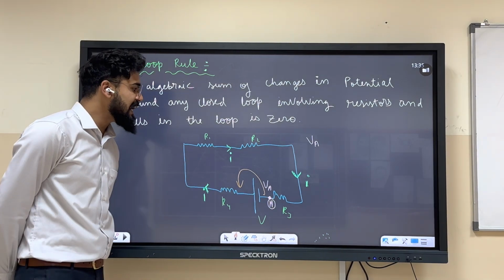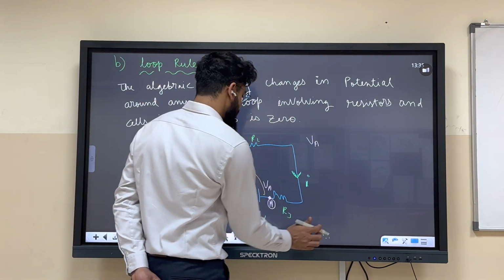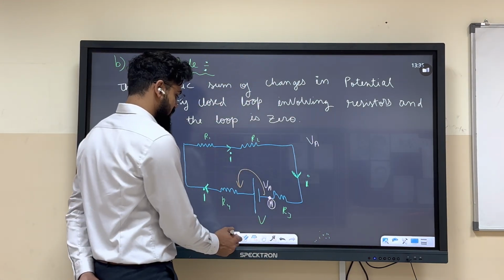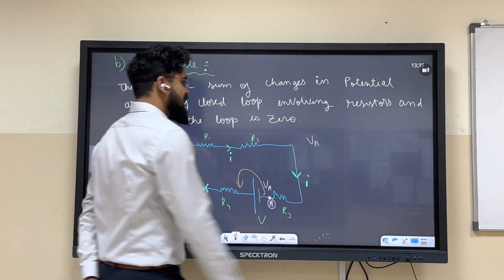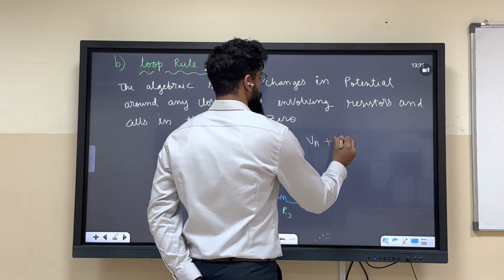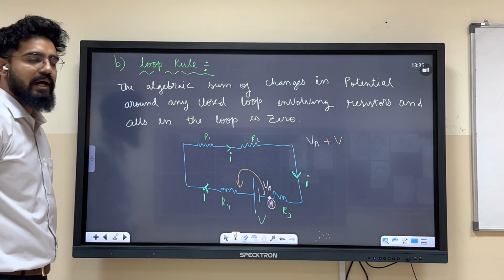So will the potential increase or decrease? Let's say over here the potential of the battery is V. It will increase. Yes or no? Correct?